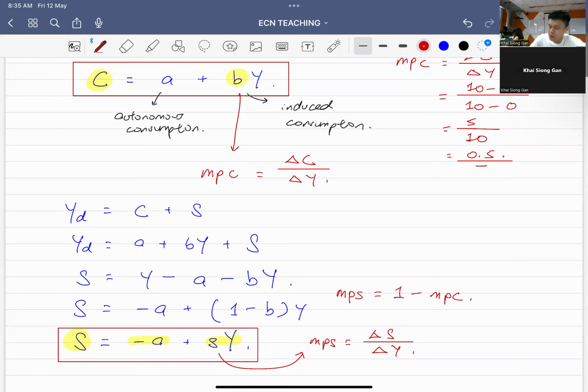So you have two methods over here. Therefore, for the next question, I can use two ways to answer. The first easy way is I can straight away say MPS equals 1 minus 0.5 equals 0.5. That's one way for me to derive the answer. Or I can use the same method, change in saving divided by change in income.